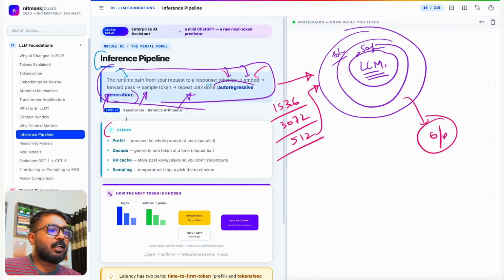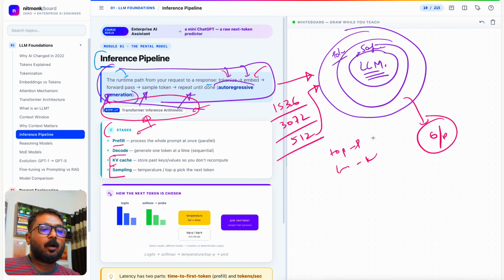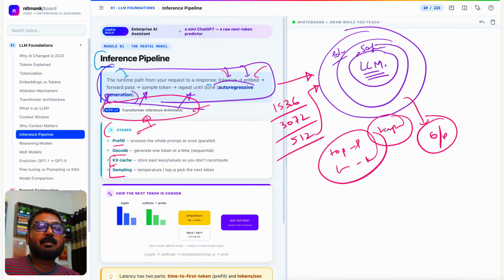If you want to see more about it, you can go over here and see transformer inference arithmetic. From here I tried to understand how the mathematics works, but that is not important for this course, so I'm not taking it in. These are the different stages: prefill, decode, and KV cache, which you have seen multiple times. Sampling, too, because whenever we send a request we send values like top P, top K and temperature. The KV cache is there so you don't have to recompute.